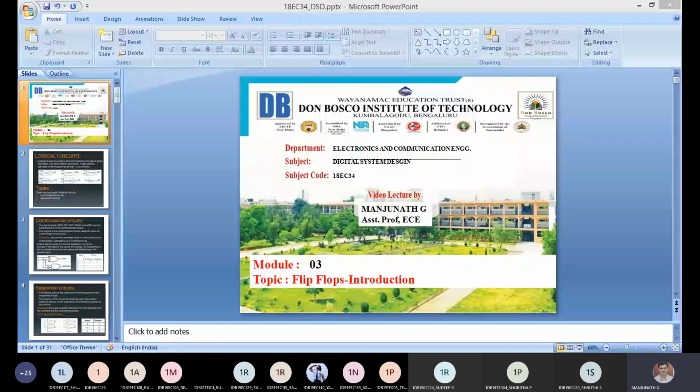What you learned in combinational, how are the input and output depending here?